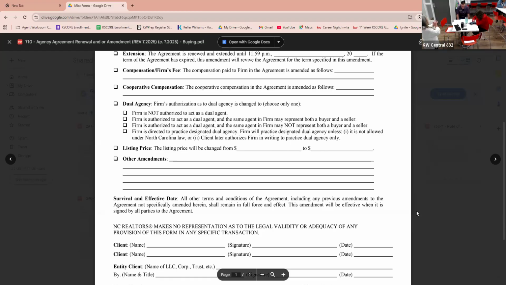Yes. So once everybody has signed it, we don't go back and make changes to it, whether it's an offer to purchase, a contract, a buyer agency agreement, or a listing agreement. Form 710 modifies your agency relationship, your agency agreements. Form 4T modifies anything on the offer to purchase and contract.